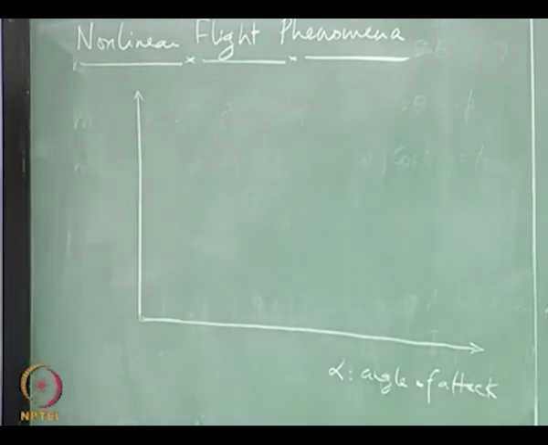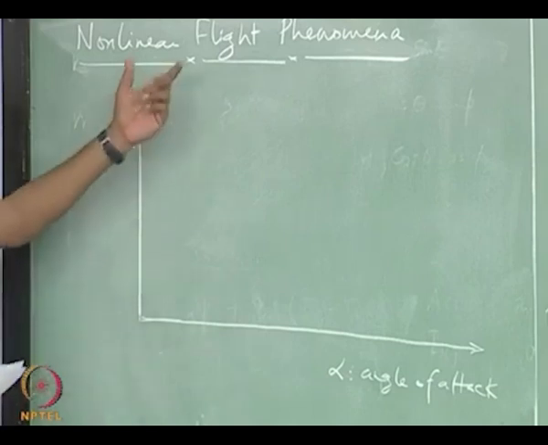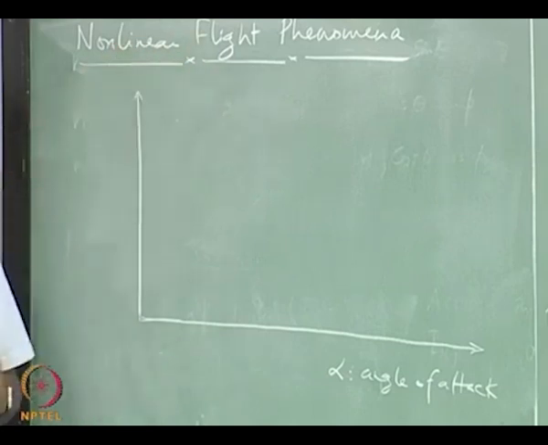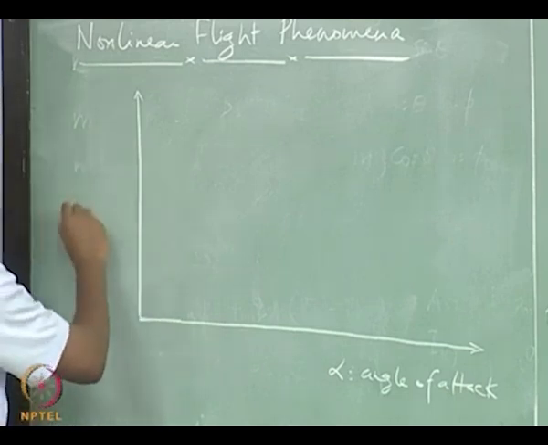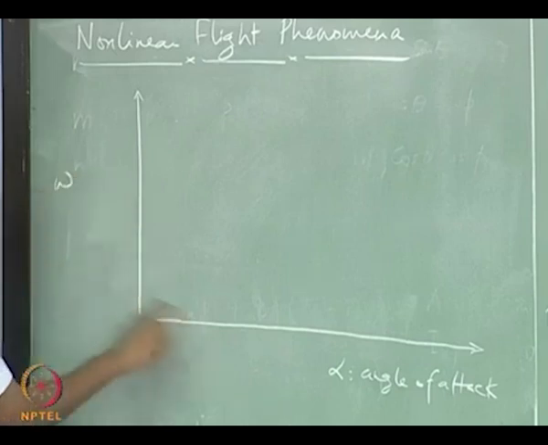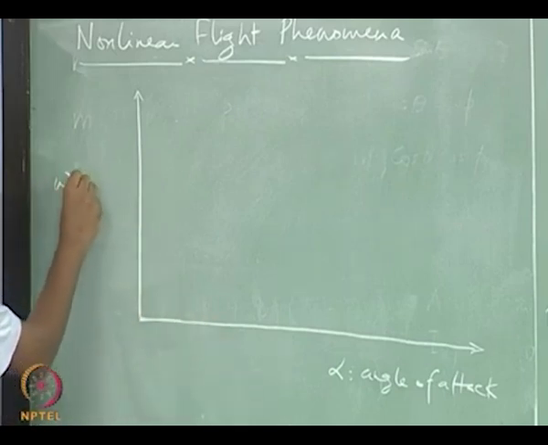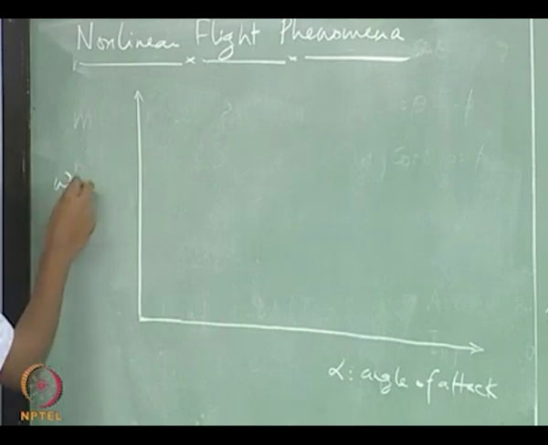So, I am trying to list down all nonlinear flight phenomena and also the normal flight phenomena on this plot, which is a plot on this omega and alpha axis.